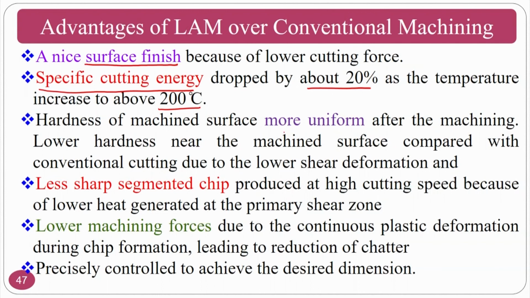The hardness of the machined surface is more uniform, and less sharp segmented chips will be formed. Normally continuous chips will be formed, and lower machining forces will be experienced because the thermal softening of the workpiece is done by the localized heating of the laser.